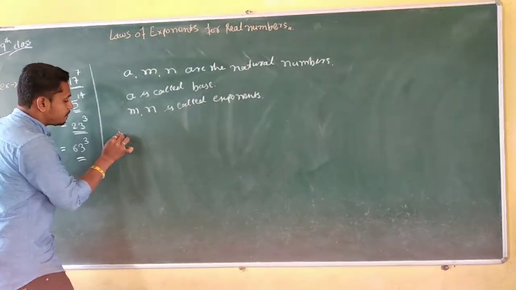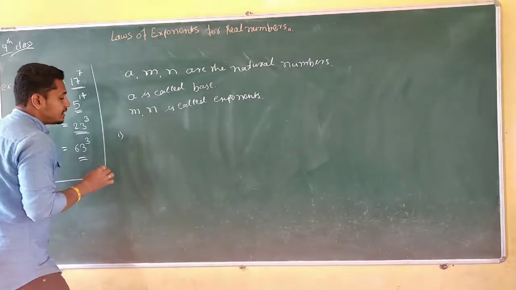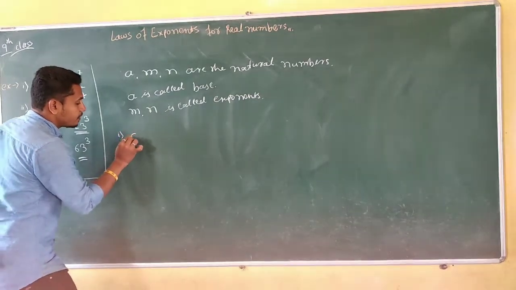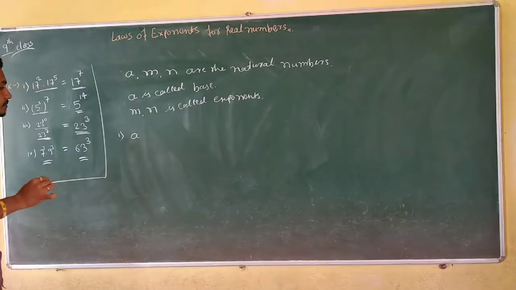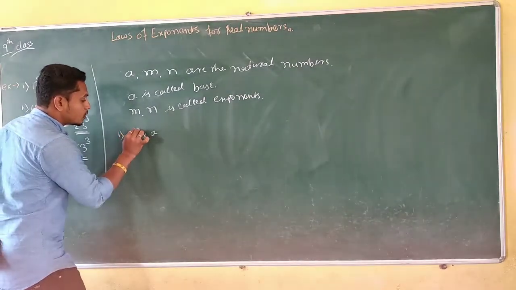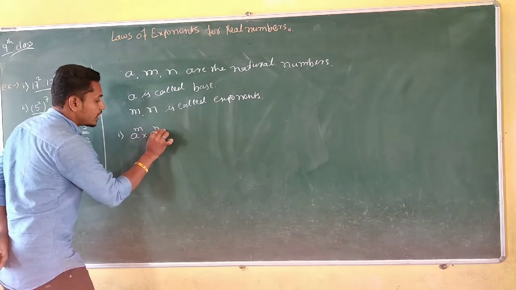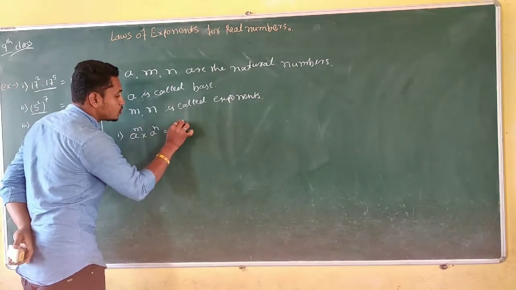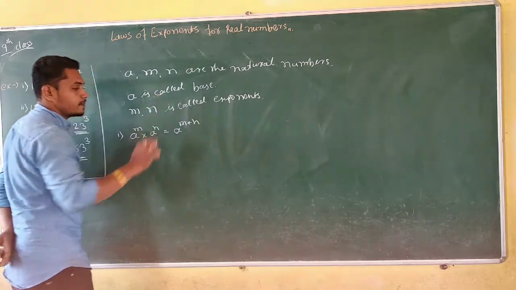we can write the first identity: a raised to m into a raised to n is equal to a raised to m plus n.